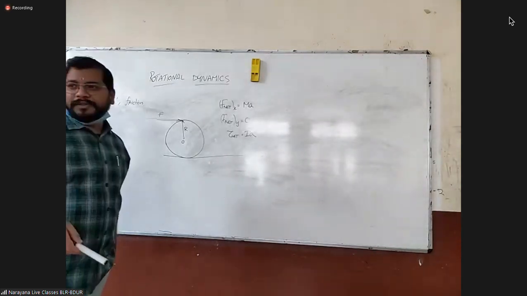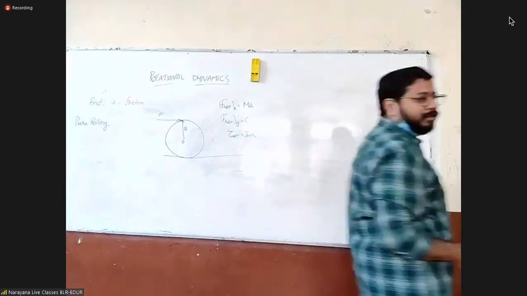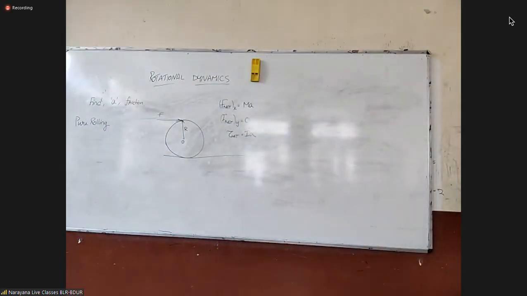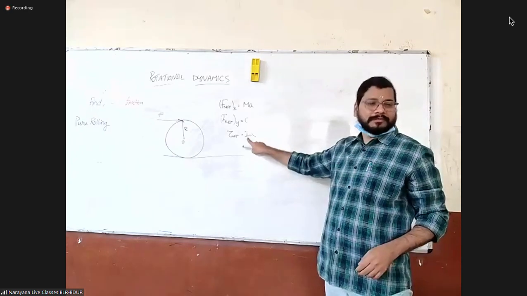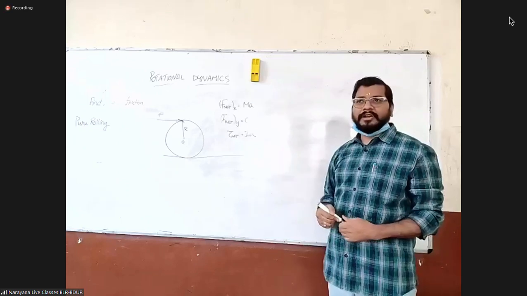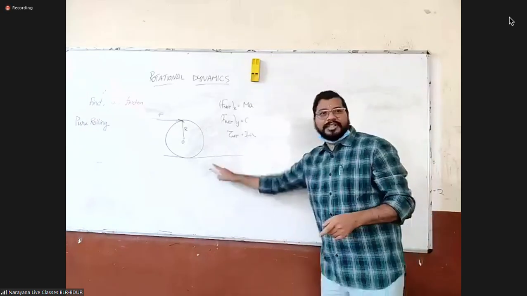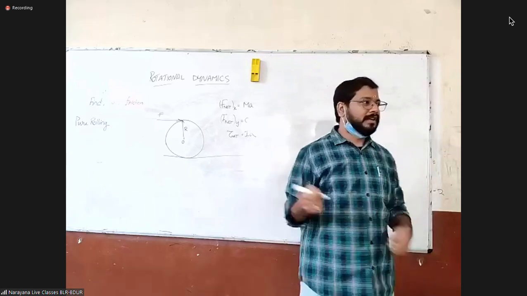Open your moment of inertia formulas. A thin ring of mass m, and your axis of rotation is perpendicular to the plane. What is your moment of inertia? What is your I? Right? Now see, I said it's a rough horizontal floor.